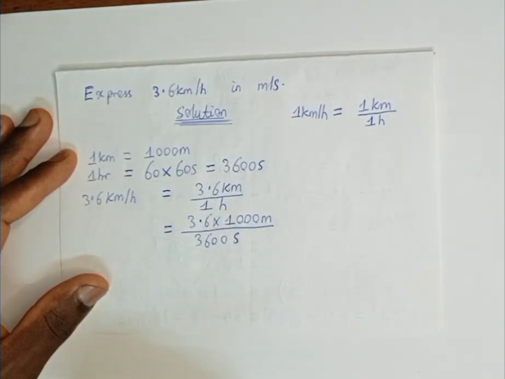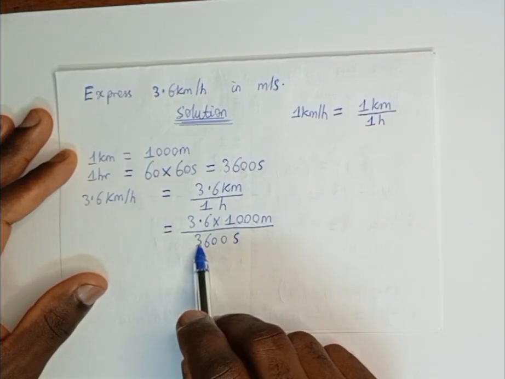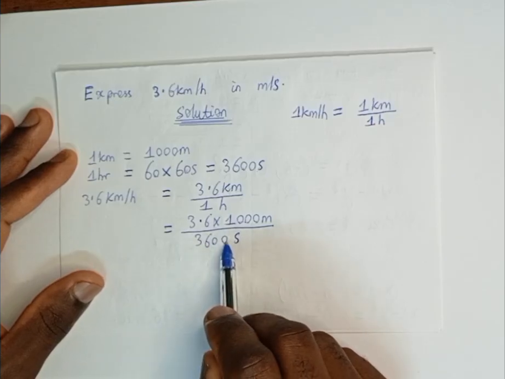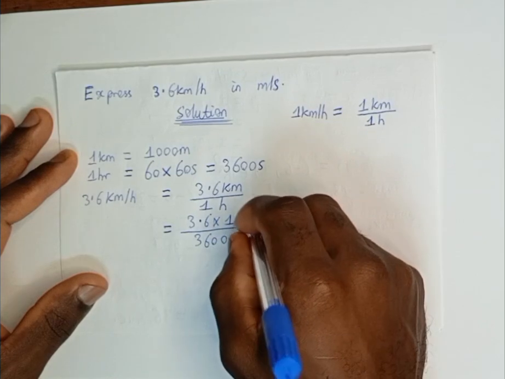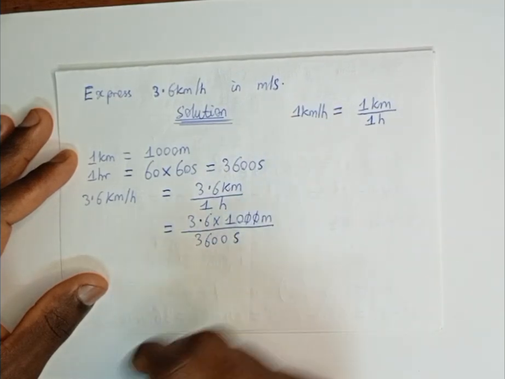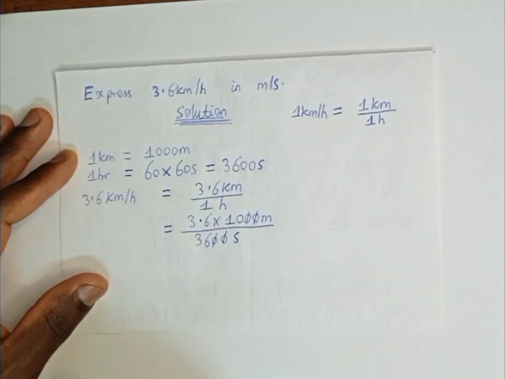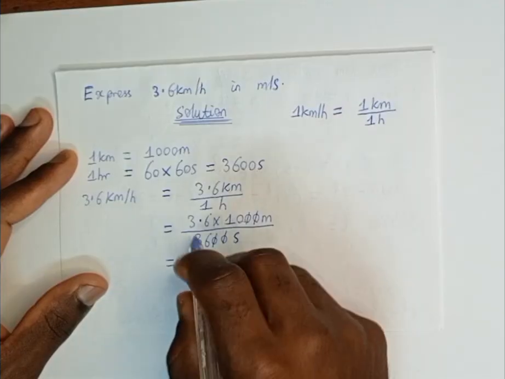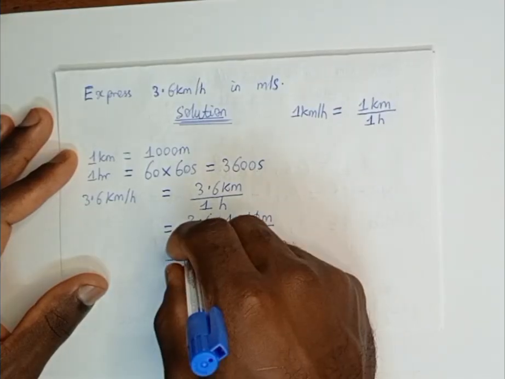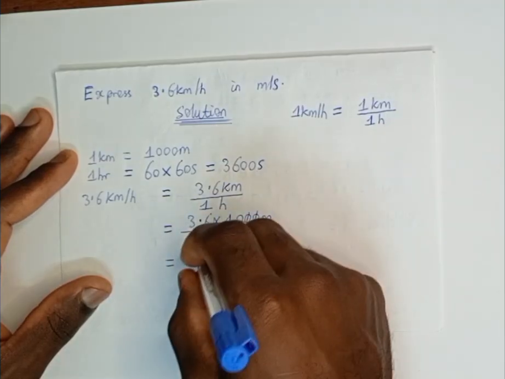Next, we have to simplify. You'll see that we can divide 1,000 by 100, and then we divide 3,600 by 100. 100 goes into 1,000 10 times. 100 will go into 3,600 36 times. This will simply be equal to, if you take 3.6 times 10, it gives you 36 meters.